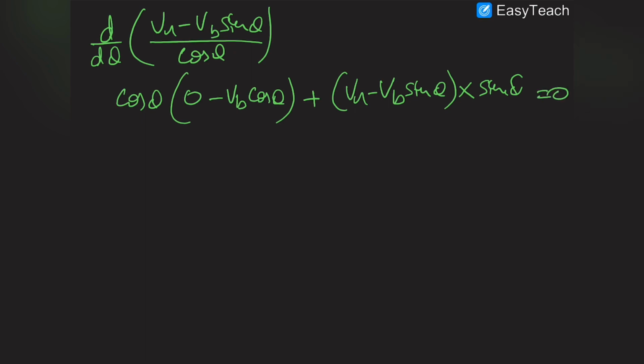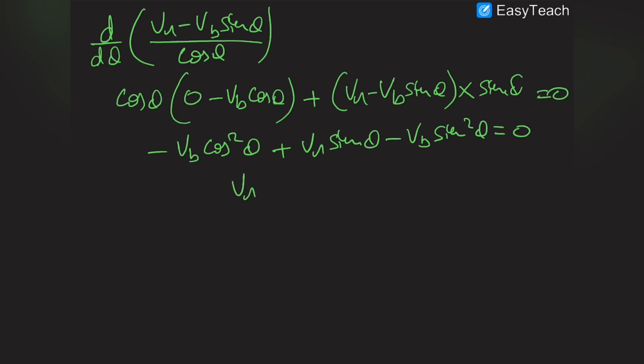So this is minus VB cos square theta plus VR sin theta minus VB sin square theta, and that is equal to 0. So VR sin theta is equal to VB into cos square plus sin square, which would be 1. So you can see that sin theta would be equal to VB by VR.